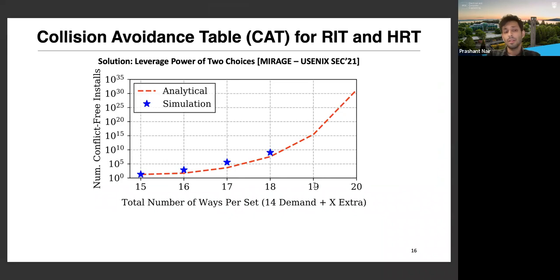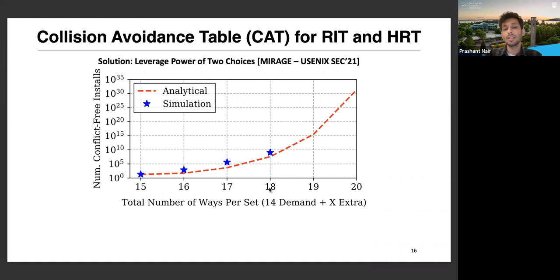In fact, if you were to have 14 demand ways and 6 extra ways, totaling 20 ways, we get years of conflict-free installs. Here the y-axis shows the number of conflict-free installs, and on the x-axis, we see the total number of ways per set.